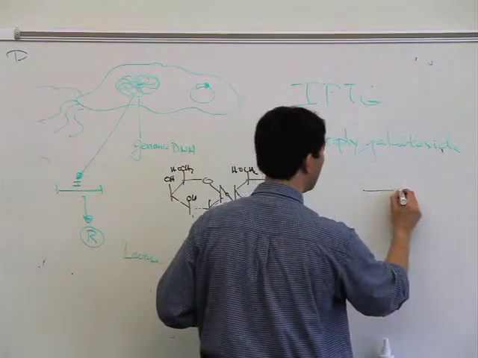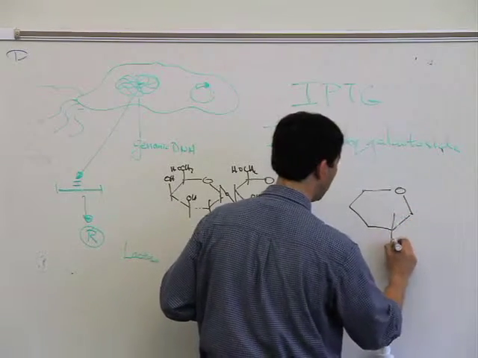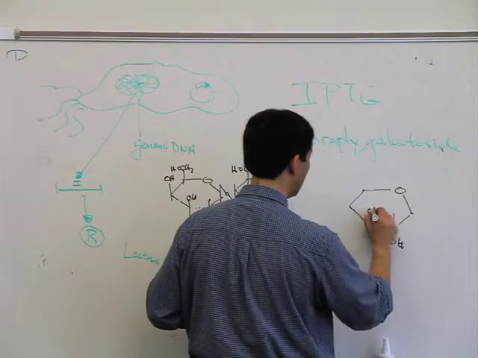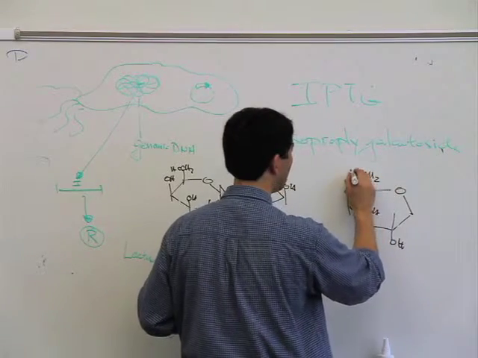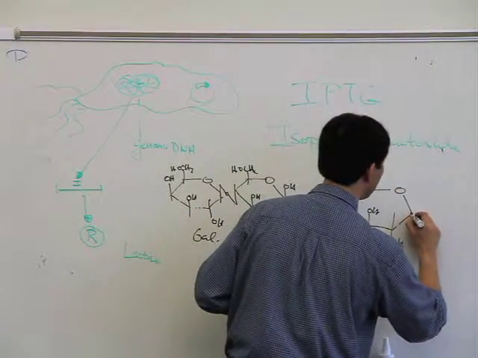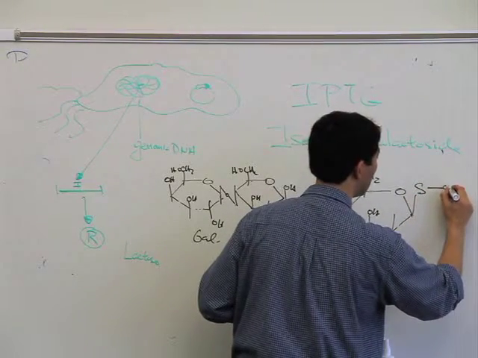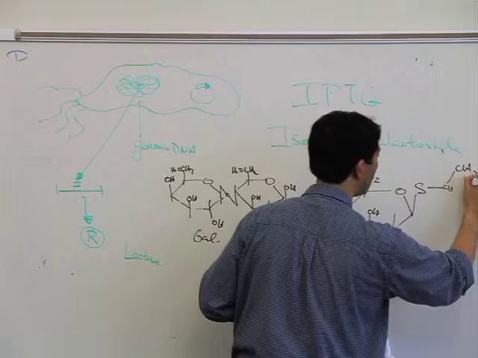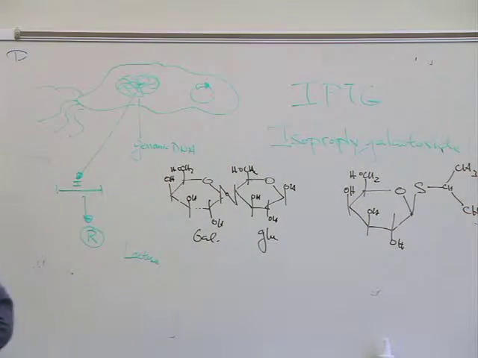Isopropylthiogalactoside is very similar. It has a sugar of galactose that is now bound to a sulfur and isopropyl. Okay, so that's IPTG, right?